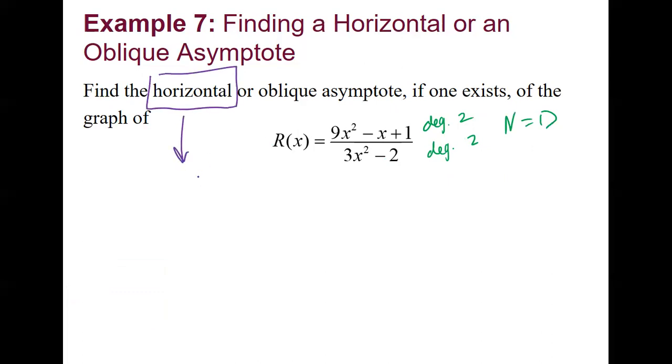And to find that horizontal asymptote, it's y equals the leading coefficient of your numerator divided by the leading coefficient of your denominator. So what is the leading coefficient of my numerator? 9. What is the leading coefficient of my denominator? 3. So y equals 3. There's my horizontal asymptote.